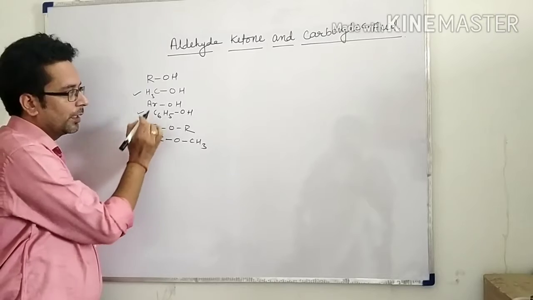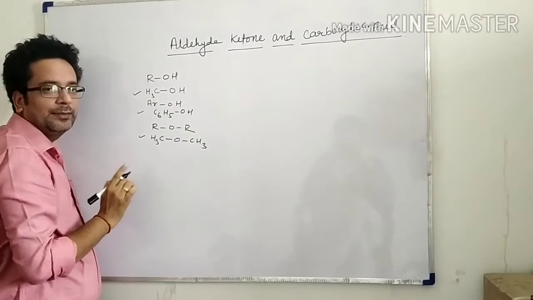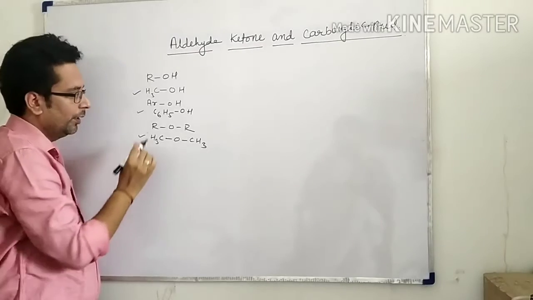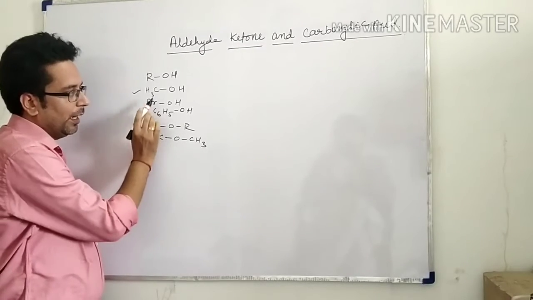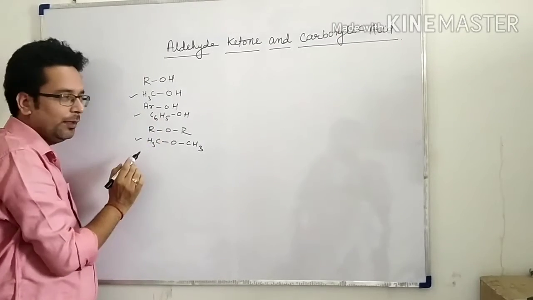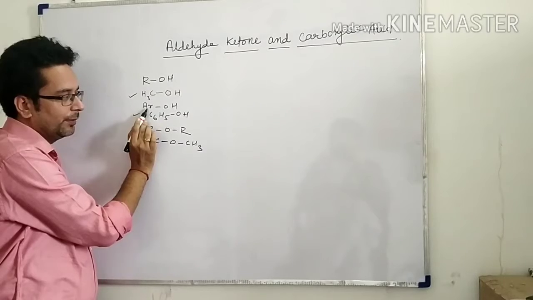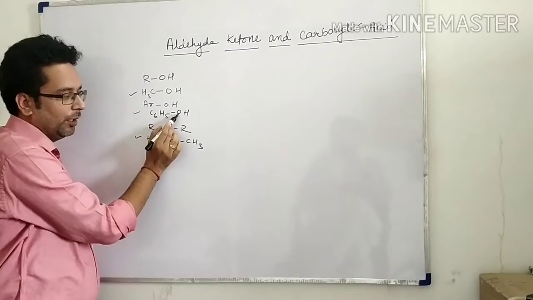Now in these examples, you look, carbon is attached with oxygen by a single bond. In all these examples, carbon is attached with oxygen by a single bond: carbon single bond oxygen, aromatic ring, carbon single bond oxygen.